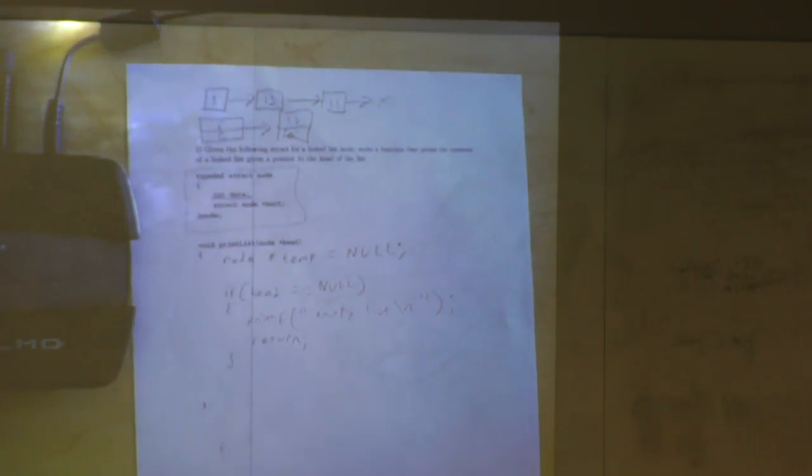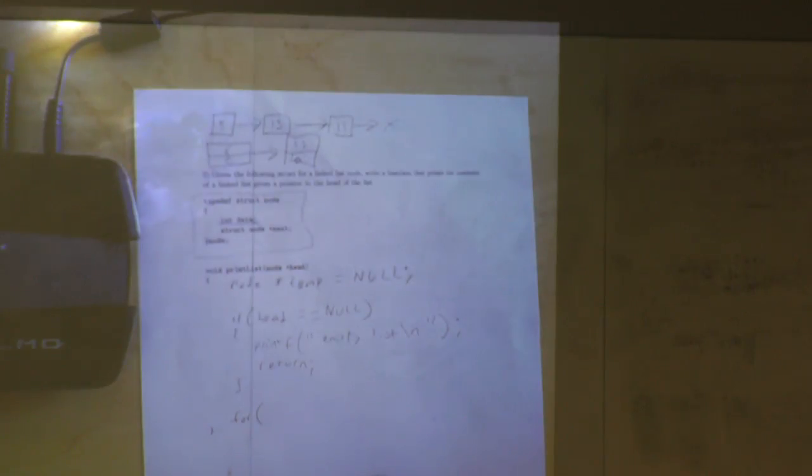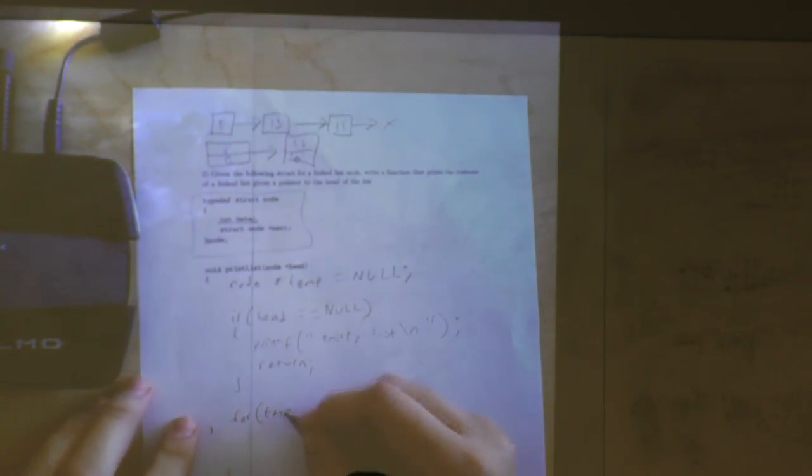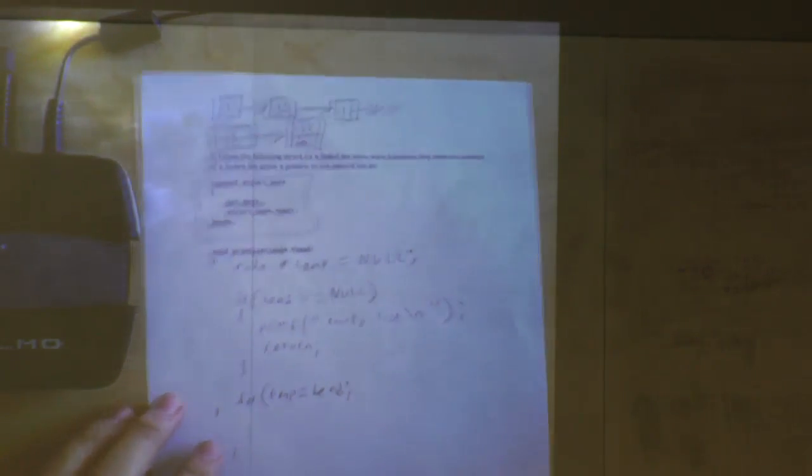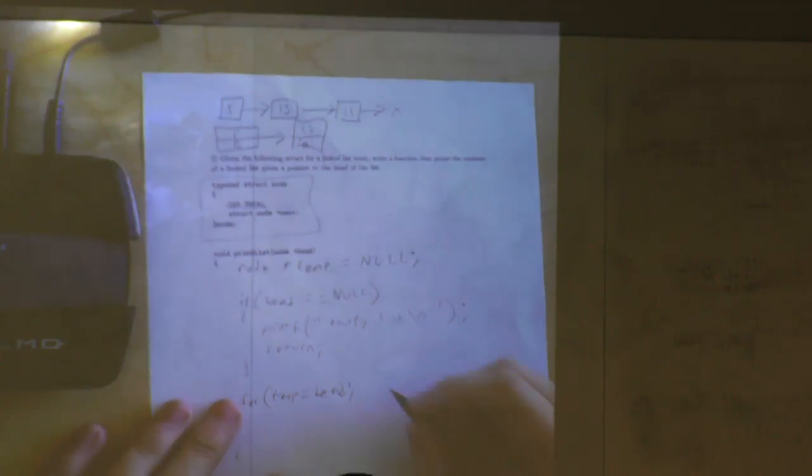The next thing we would like to do is iterate through all of these. I'm going to do this in a for loop. Since I'm doing a for loop, it's going to look a lot different because we're not using an integer index anymore. We're going to use this temp pointer. We're going to start temp at the head, so temp is now holding the address that head holds. We're going to check over and over again.